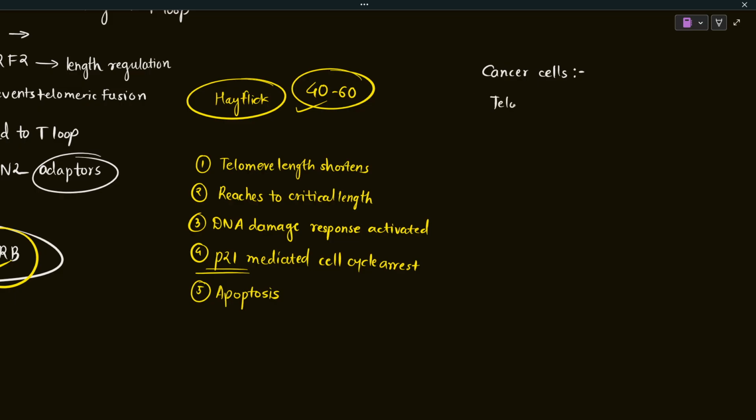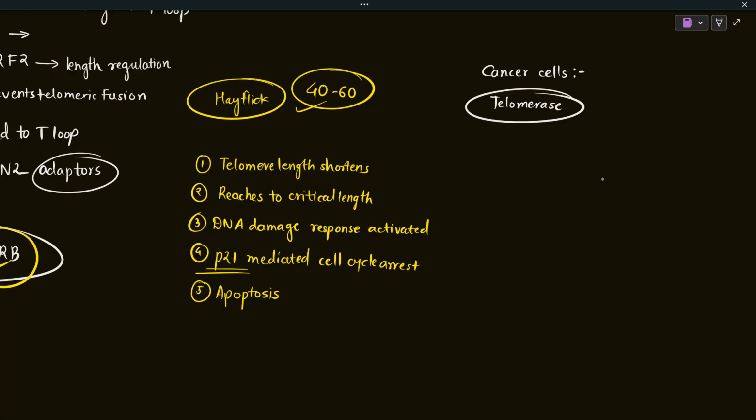Telomerase is an enzyme which is going to solve the end replication problem. This is the enzyme that is going to keep the telomere length constant, and will prevent the telomere shortening. This enzyme is silenced in most somatic cells after early development.